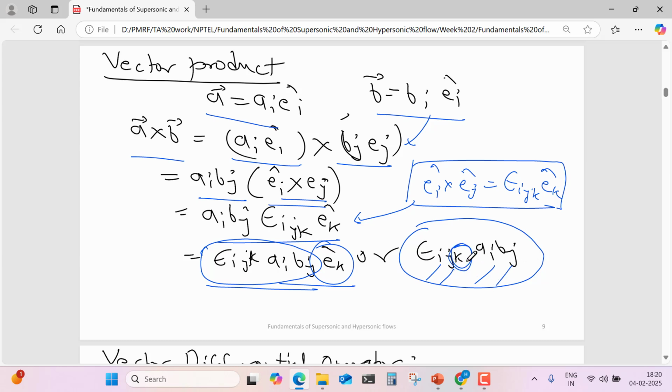If some index is coming only one time, then it is generally not a scalar. It is either a vector or it can be a tensor also. Here only one index is not being repeated, so it is a first order tensor. If there were two indices which were not being repeated, then it might be a second order tensor.